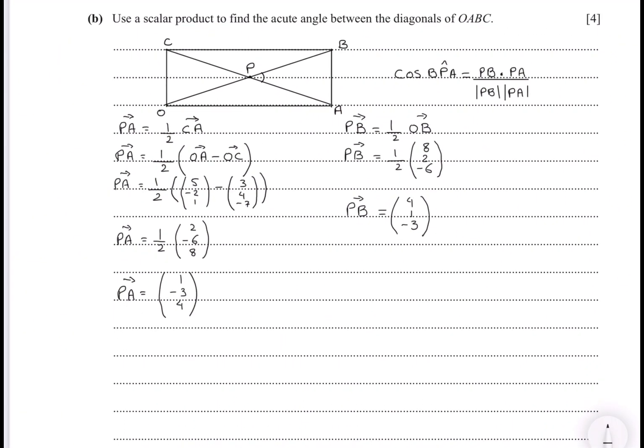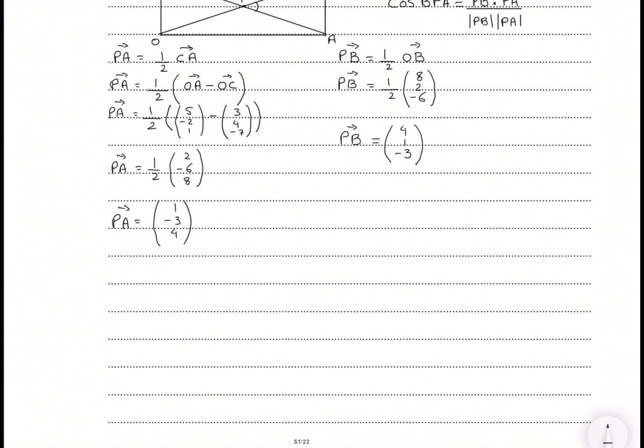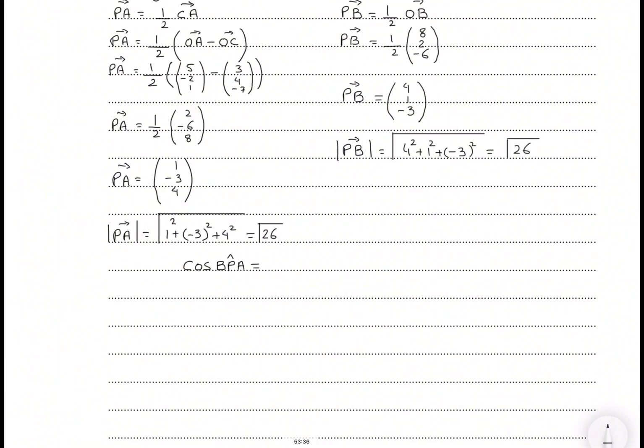Now magnitude of PB is root of 4 squared plus 1 squared plus 3 squared, which is root 26. Magnitude of PA is root of 1 squared plus 3 squared plus 4 squared, which is root 26. So now cos of BPA is equal to 4, 1, 3 dot, meaning multiply, 1, minus 3, 4 over root 26 times root 26.